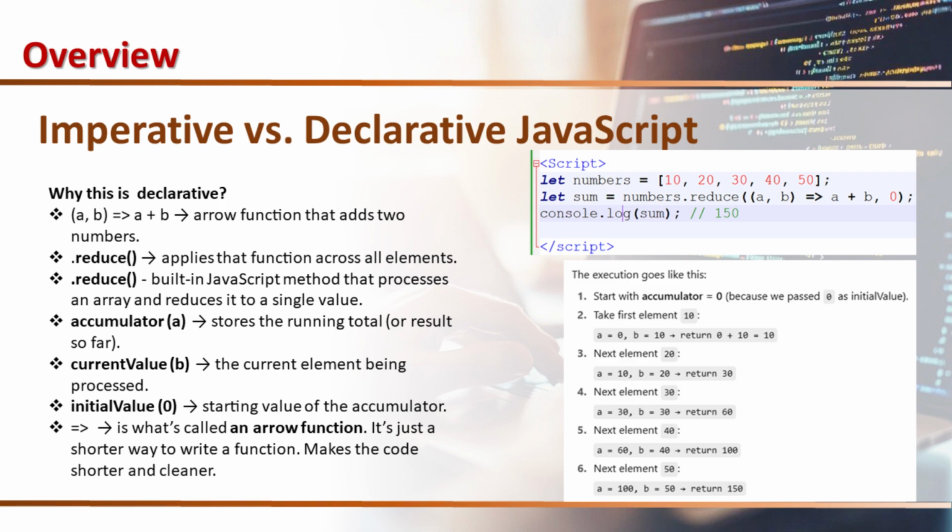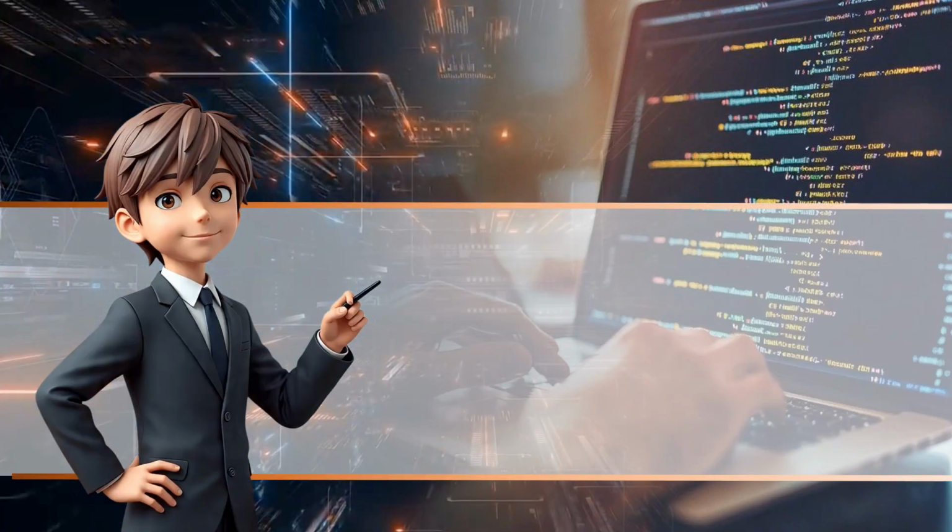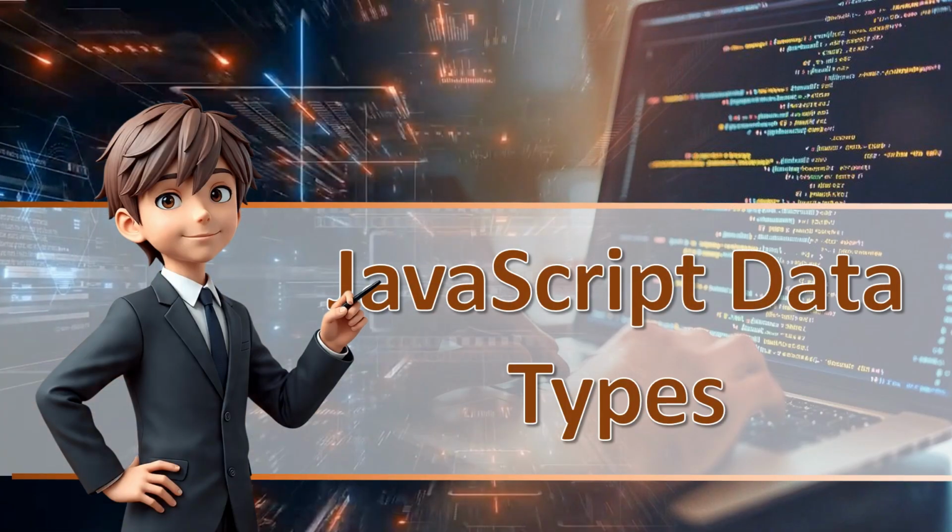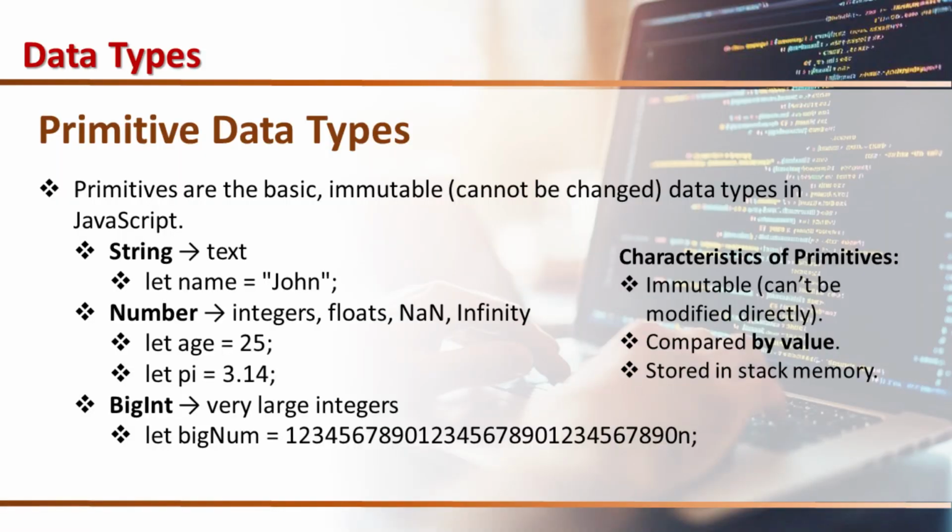Here, a is the accumulator, which stores the running total or the results so far. b is the current value being processed, and 0 is the initial value of the accumulator. The => syntax is called an arrow function, providing a shorter and cleaner way to write functions, making the code more concise and readable. Let us proceed to our next topic, JavaScript data types, starting with primitive data types.